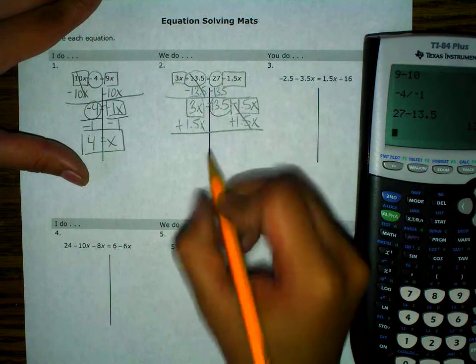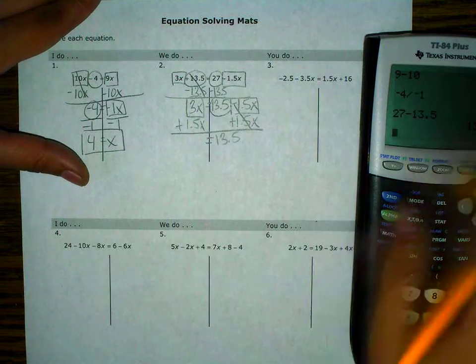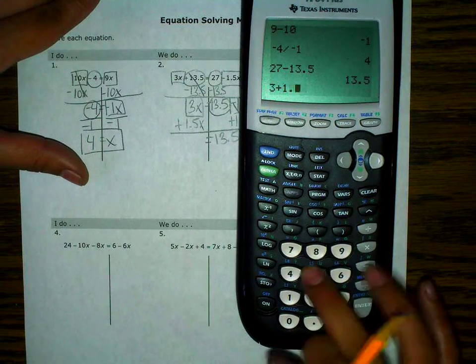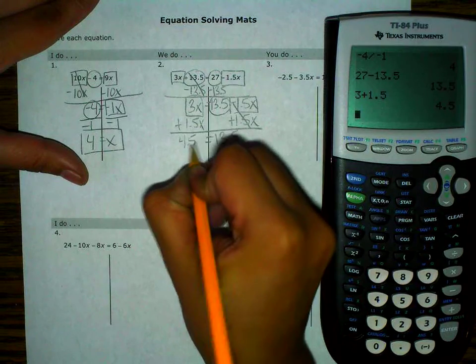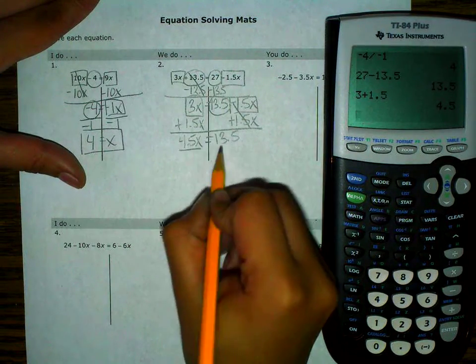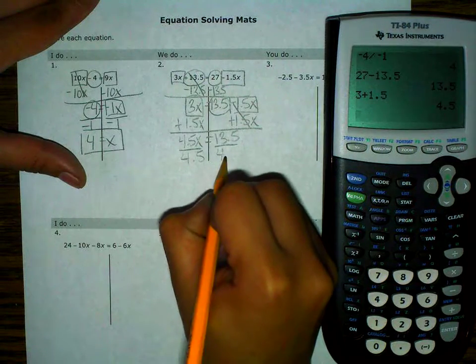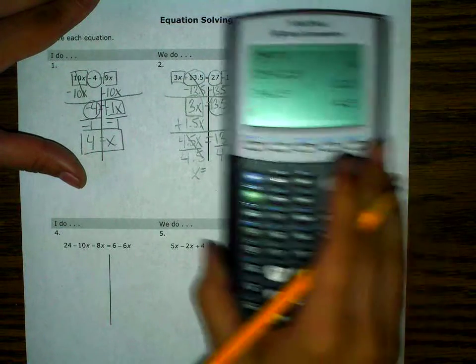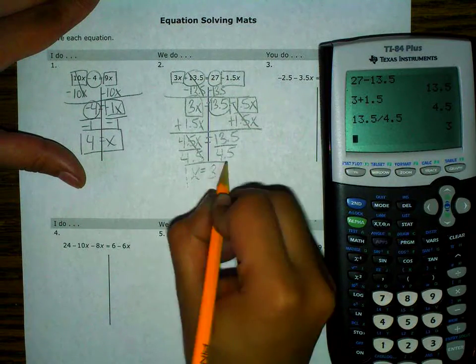So that you get rid of, I'm left with 13.5 equal to 3 plus 1.5, enter, 4.5x. Now I divide by the number in front of the x, which is 4.5. So I'm left with x equals 13.5 divided by 4.5 equals 3. And that's my answer.